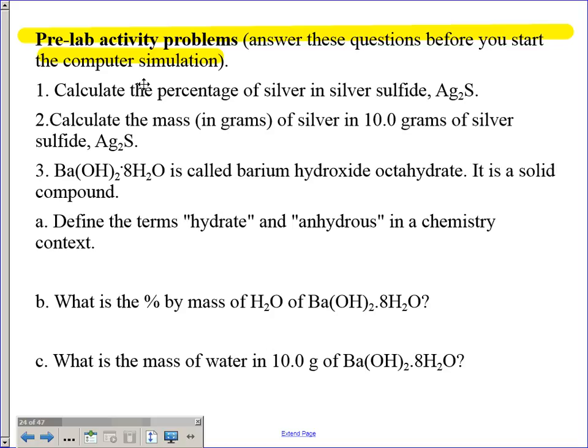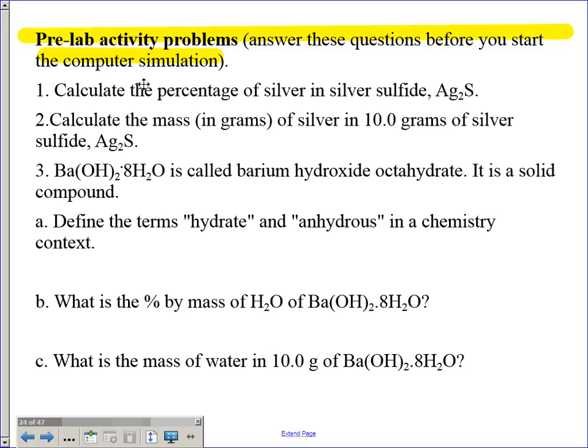Oh no, we're still writing. Total mass of total water. Now you can calculate.